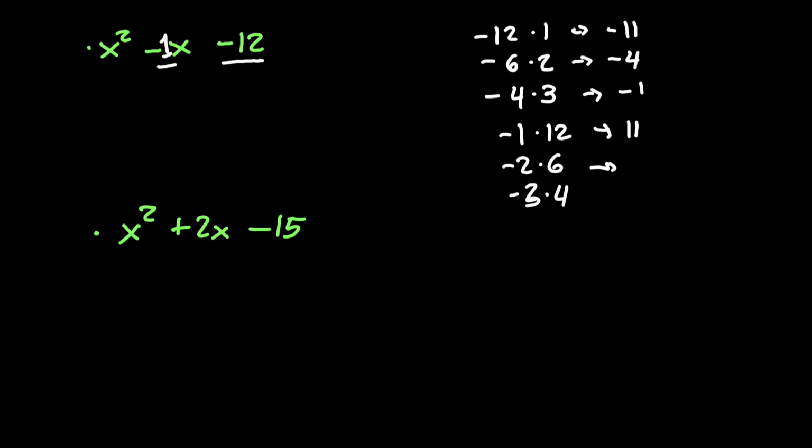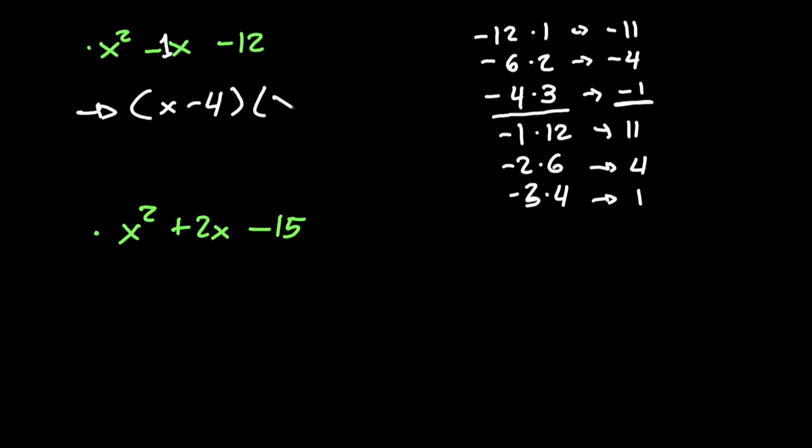Negative 2 plus 6 would be 4. And negative 3 plus 4 would be 1. So what we're finding here is negative 1. So this will be it. So the factors of this would be negative 4 and positive 3. So the factored form of this would be x minus 4 multiplied by x plus 3.